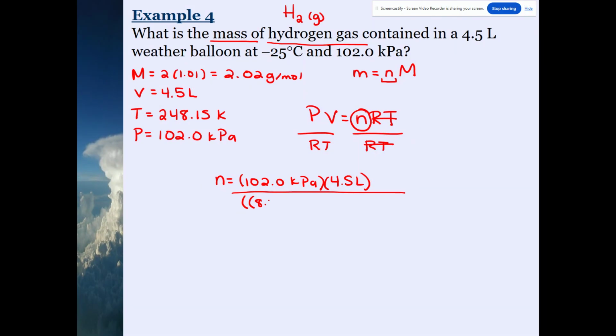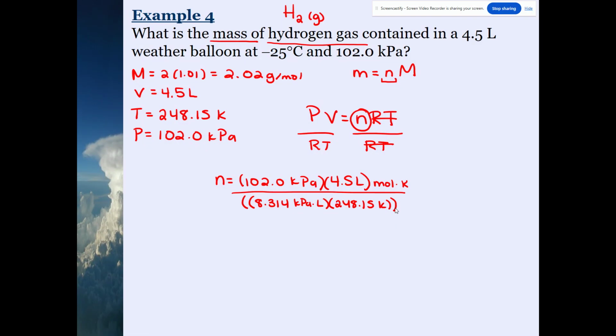So 8.314 kilopascal liter over mole Kelvin, puts the mole Kelvin at the top. And then I need to multiply that by my temperature, 248.15 Kelvin, and close the first bracket I opened.